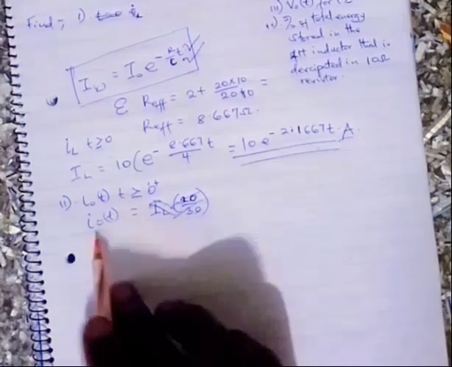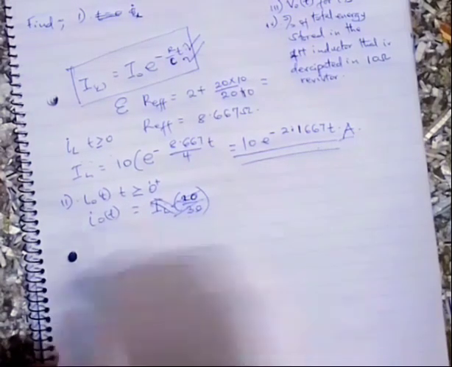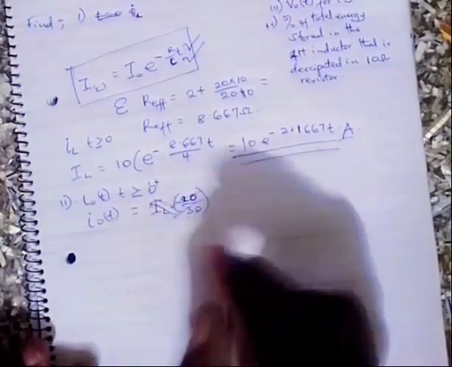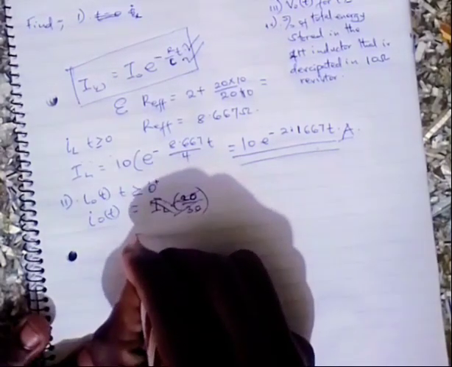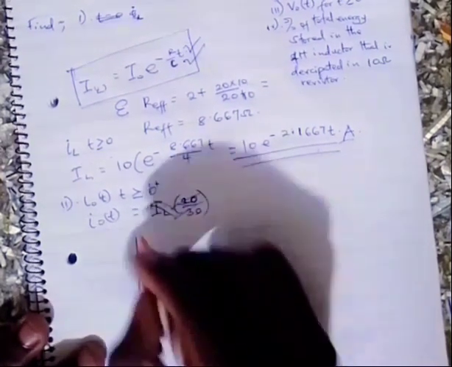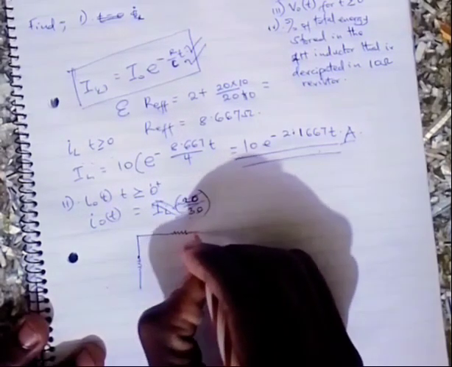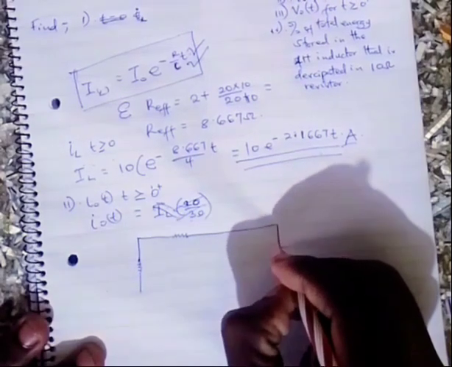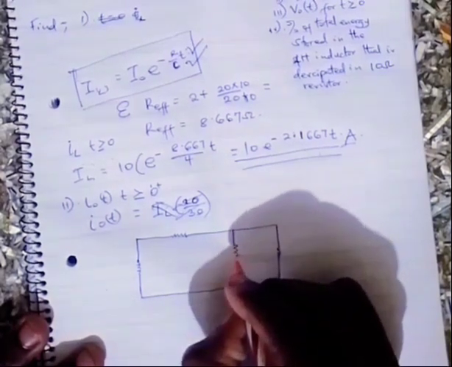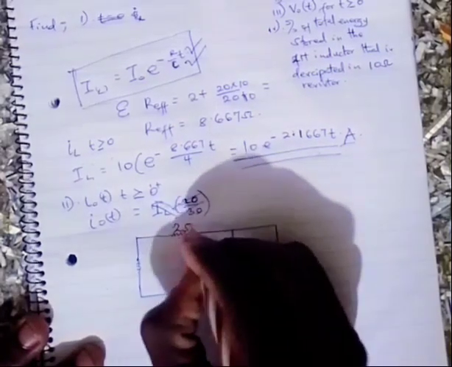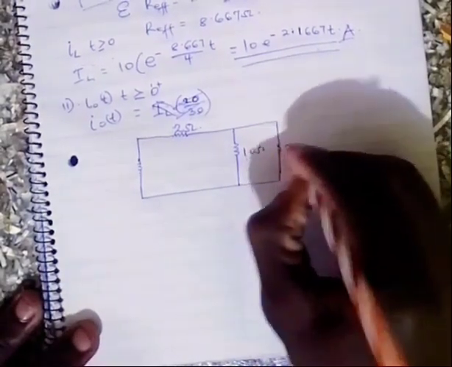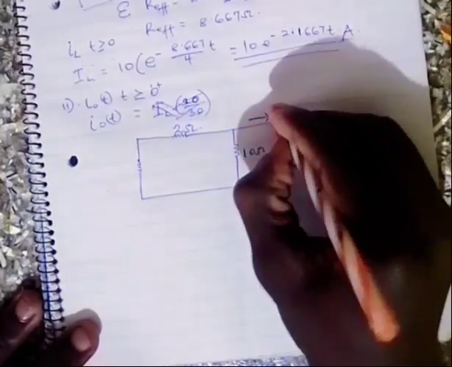At this particular point we'll be remaining with a circuit of this manner, whereby we have an inductance there, then a 2 ohm resistor, then a 10 ohm resistor and a 20 ohm resistor. The current i0 flows at this particular point.